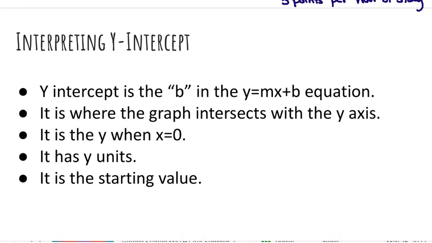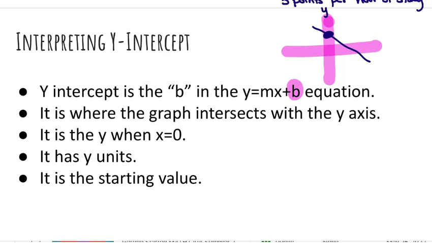So moving on to the y-intercept. Y-intercept is the b. So when we have y equals mx plus b, it is the b in the equation. And it's where the equation crosses the y-axis. So if we had a graph, it would be where it would cross that y-axis right there. And this is where the x is equal to 0.